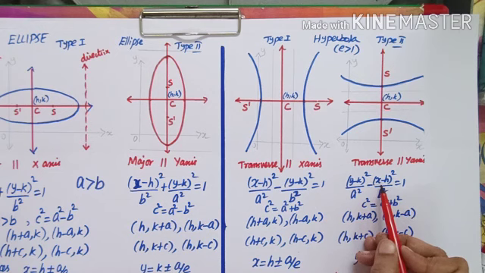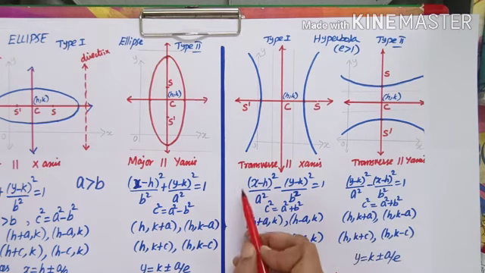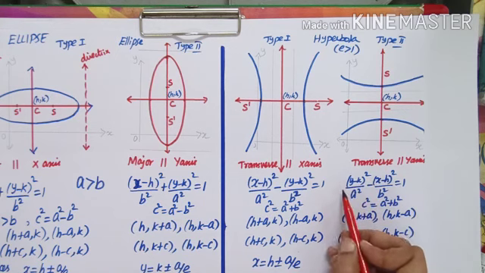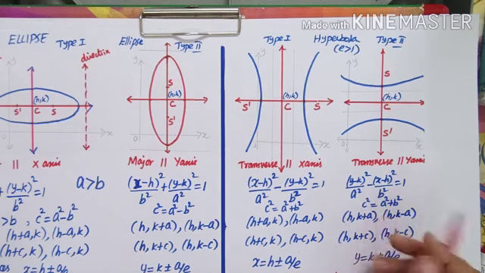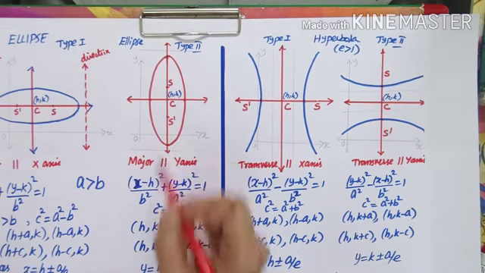In type 2, we have y minus k the whole square to be positive. So this is positive, first case, y is negative. Here y minus k the whole square is positive, x minus h the whole square is negative, and this we call type 2. Because we don't say which is bigger, smaller, all that, I cannot give the name major, minor. In ellipse, the bigger one I call major, the smaller one I call minor.